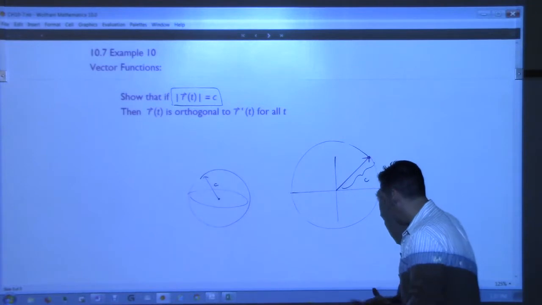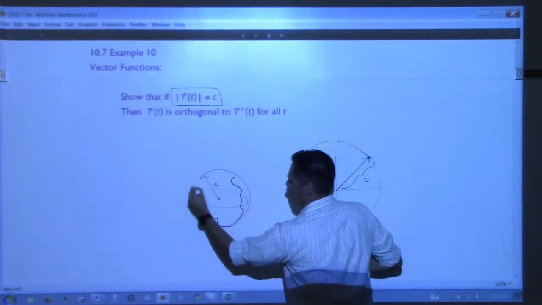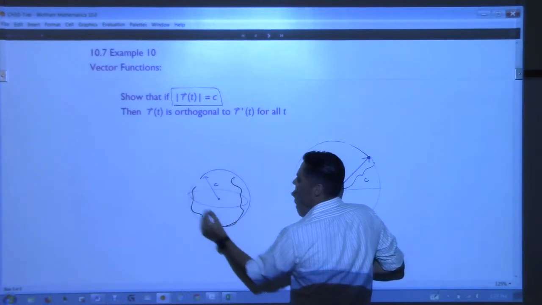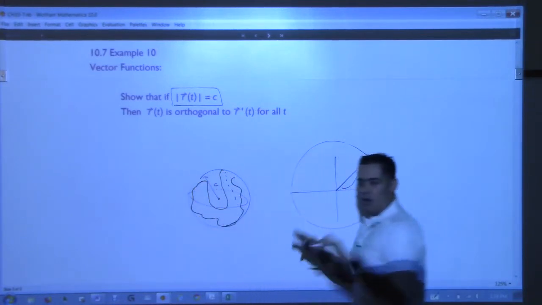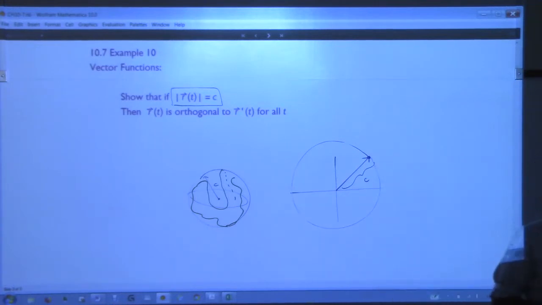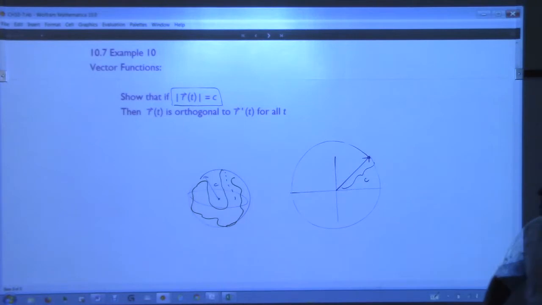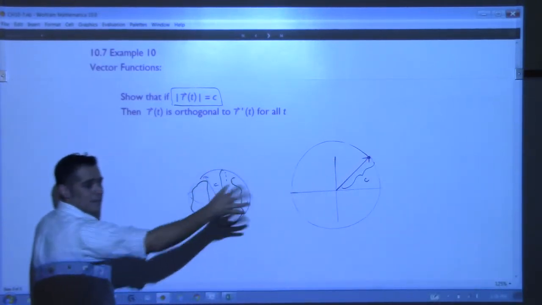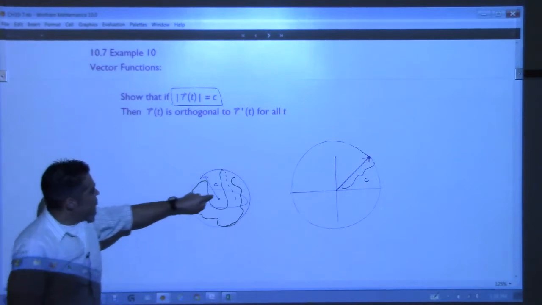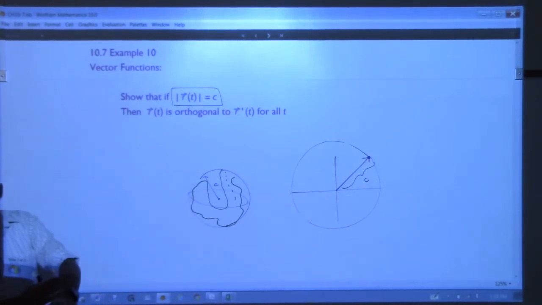Then if you draw me any path on the ball, as long as I stay on the ball, go around that other side, whatever, am I not maintaining a magnitude of c from the origin? And I have to show that in either case, as I draw it, I always have to stay orthogonal to my tangent vector.